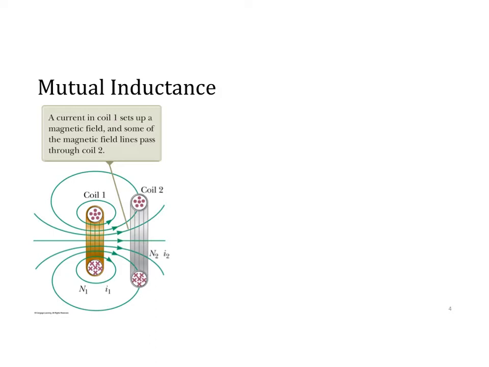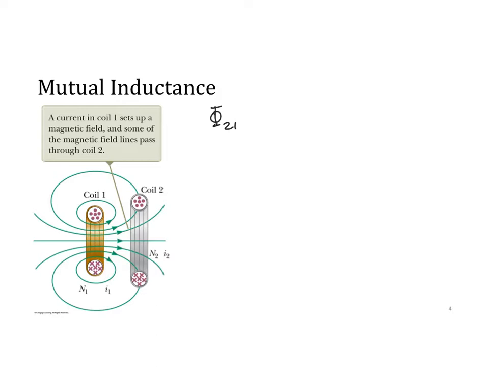So we're going to define for ourselves a magnetic flux that, rather than using the subscript B, since we know we're talking about magnetic flux, we're going to instead say magnetic flux through loop number 2 because of current number 1, right? So we'll call it Phi21.